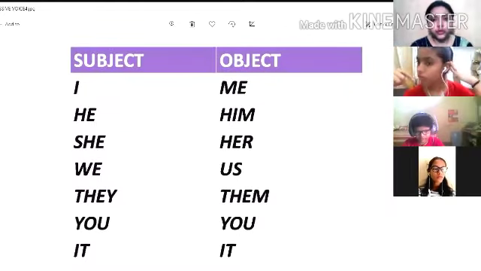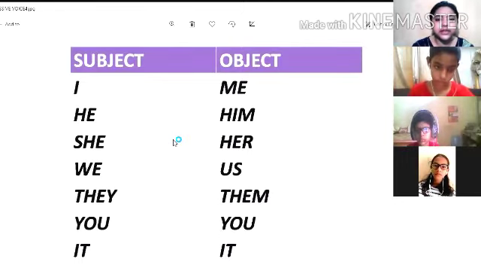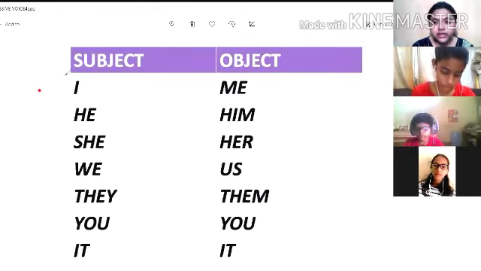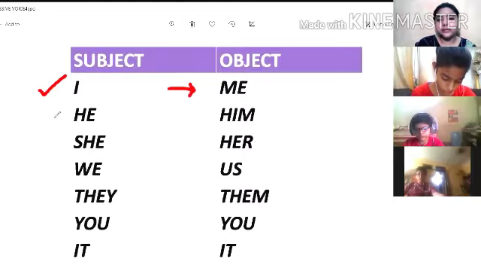Now, this also you need to know: what if these are the words present in the place of subject. If you see I in the place of subject in active voice, then in the passive voice it changes into me. Similarly, when you see he, it changes into him. Him is the object for he.